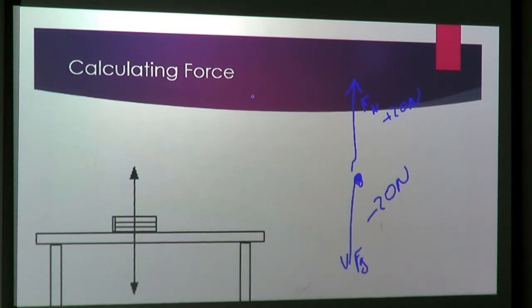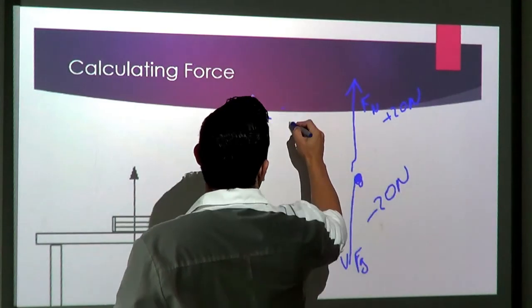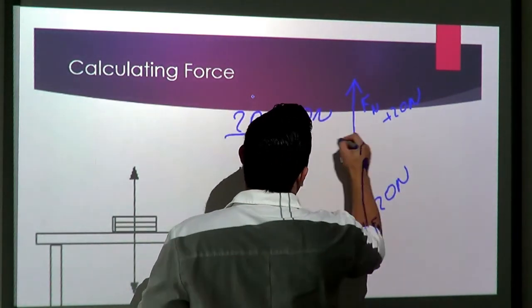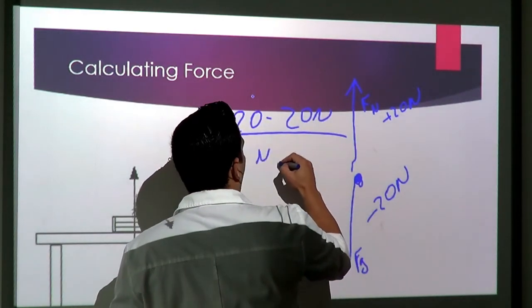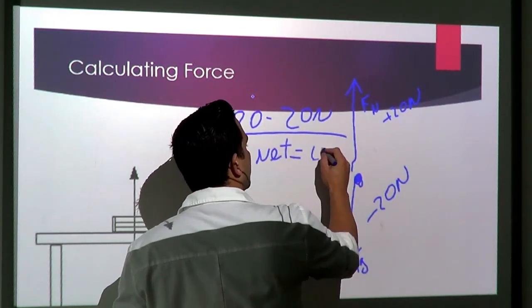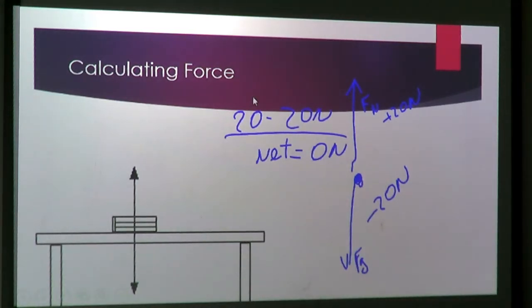If we apply basic algebra, 20 minus 20 newtons, 0. Our net force on this book is equal to 0 newtons. That means the object doesn't have any motion. Yes or no? Yes. Perfect.